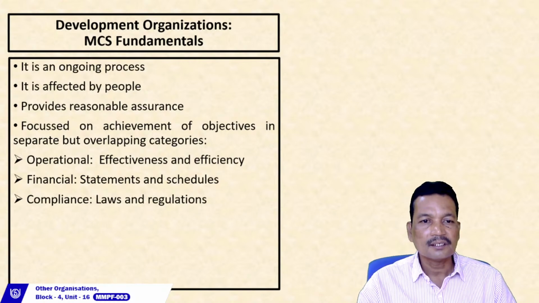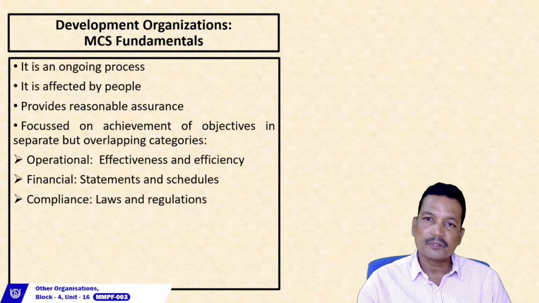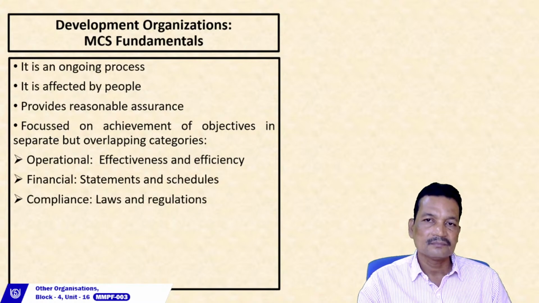It should be focused on achievement of objectives in separate but overlapping categories. That means each developmental organization has broadly three kinds of objective categories. One is operational. What is the objective there? To achieve effectiveness and efficiency. Second is the financial objectives.